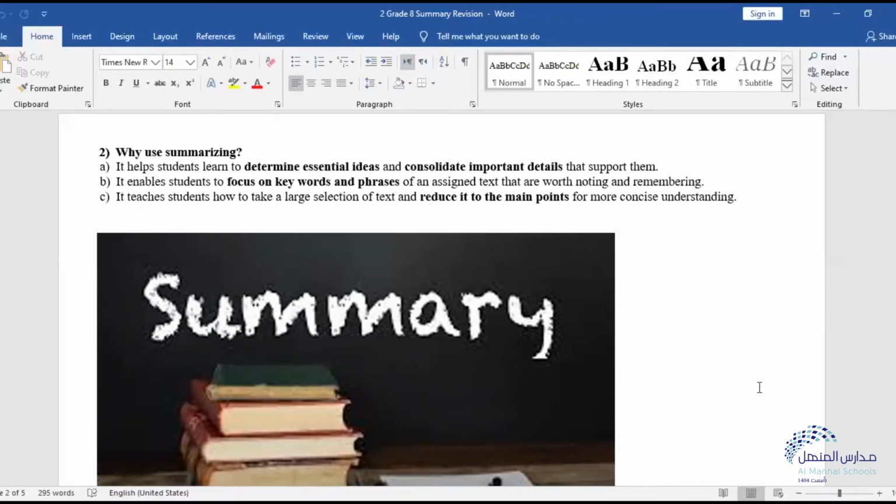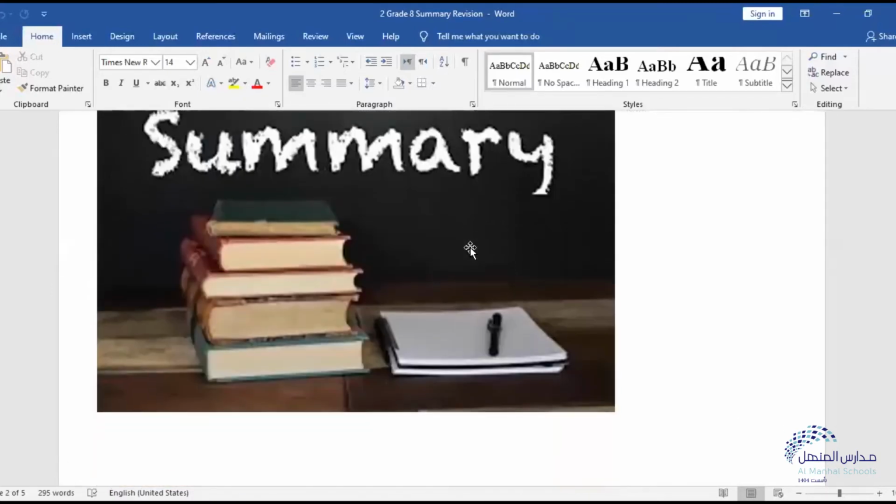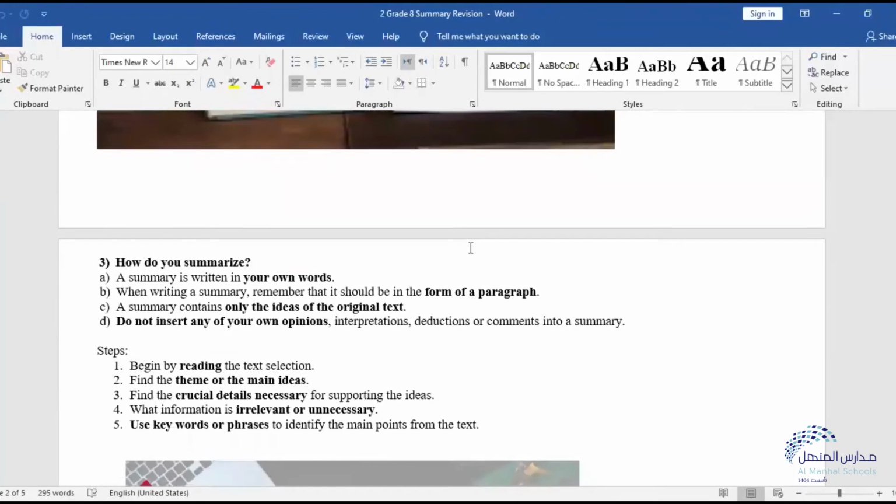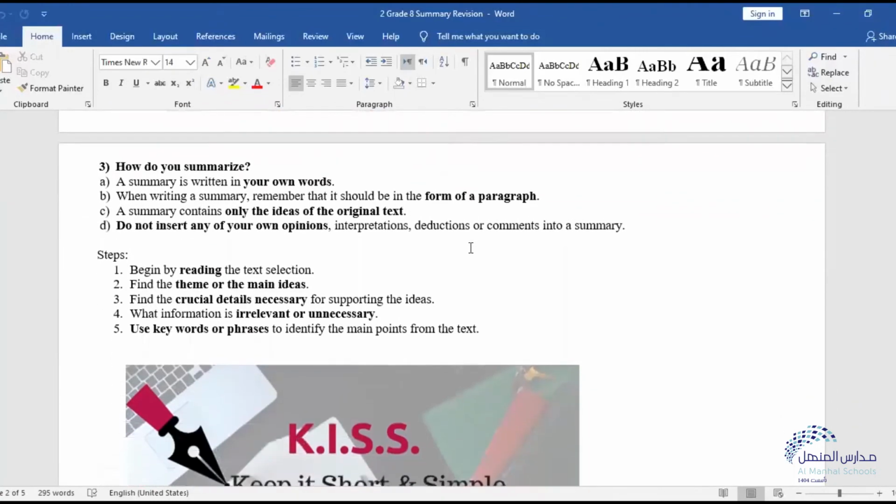So it's very helpful when you are studying, and if you just want to revise and help yourself to remember, so that you don't have to go and read 3, 4, 5, 6 pages. You can have it all on one short summary, maybe even half a page.